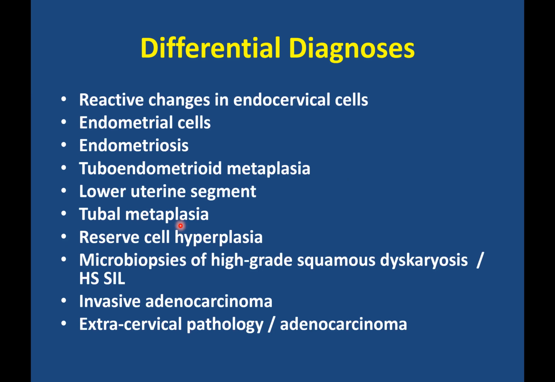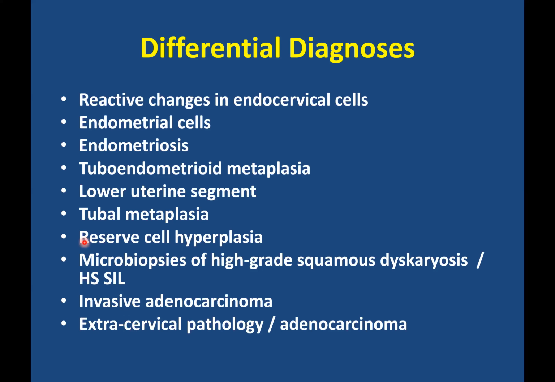Tubal metaplasia can be a problem if you're not expecting it, as can Arias-Stella reaction and hyperplasia. And don't forget microbiopsies of high-grade squamous dyskaryosis, or in the Bethesda system, HSIL, can also be problematical. And of course, you can have invasive adenocarcinoma and extracervical adenocarcinomas.